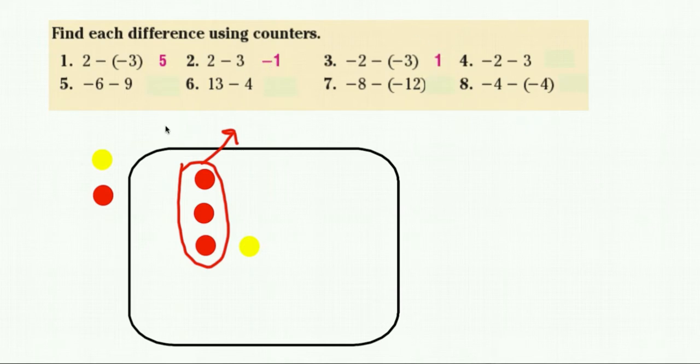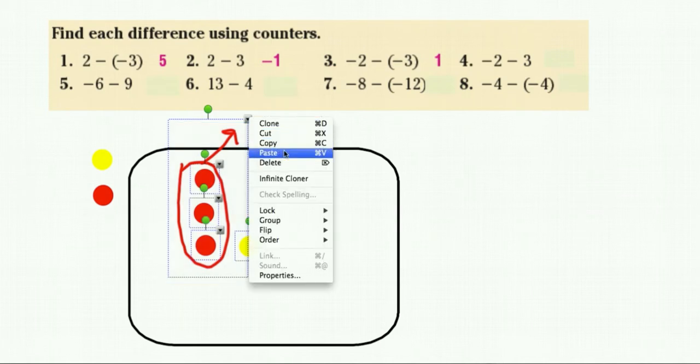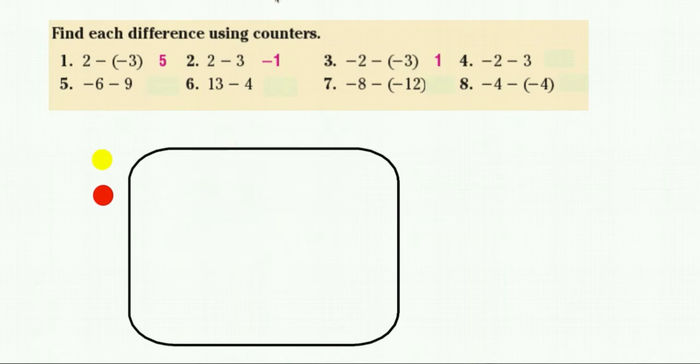Next example is number 4: negative 2 minus 3. Again, we get 2 negative counters, and we want to subtract 3 positive counters.